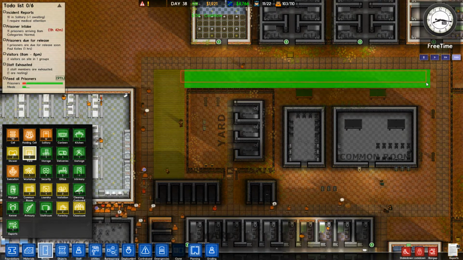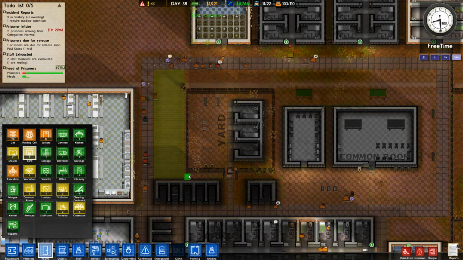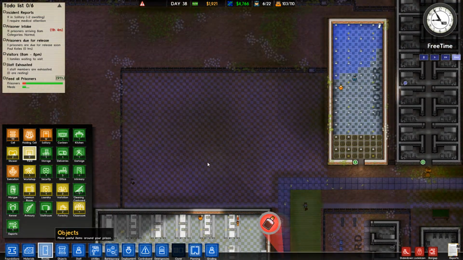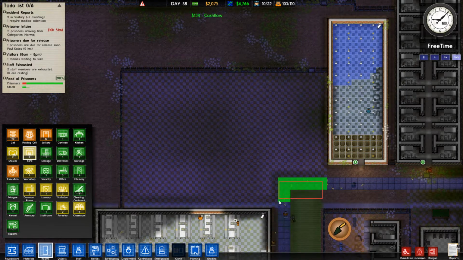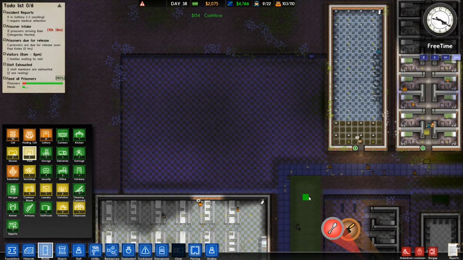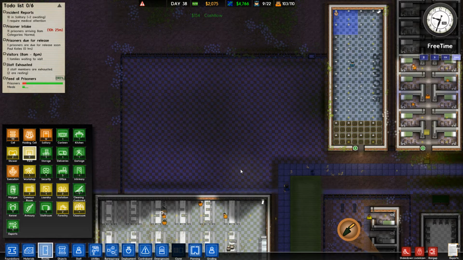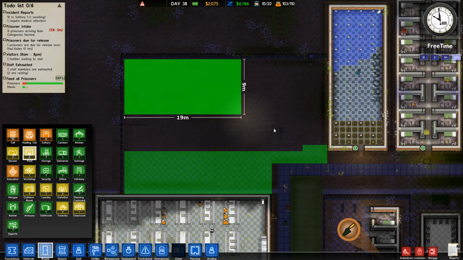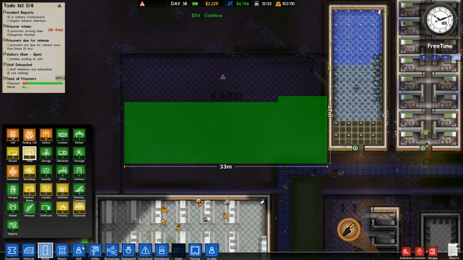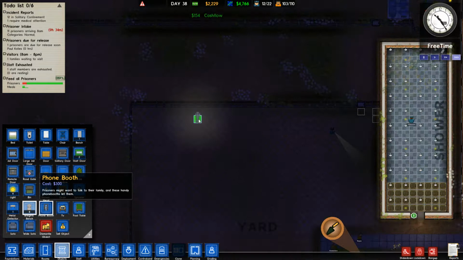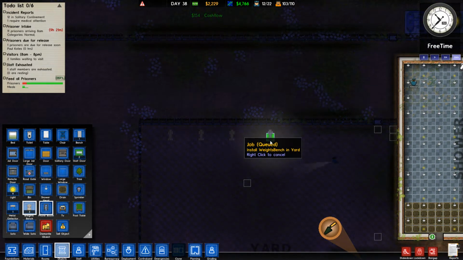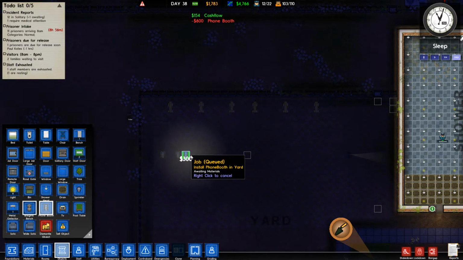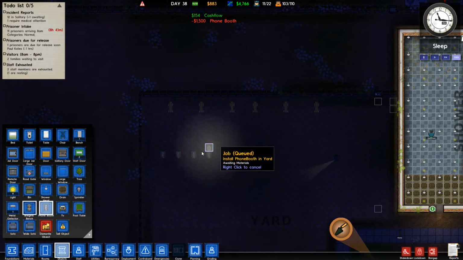Let's see, this is no longer part of the yard. There, that's the yard. Something like that, a couple of phone booths in there to keep these guys happy with calling their family.